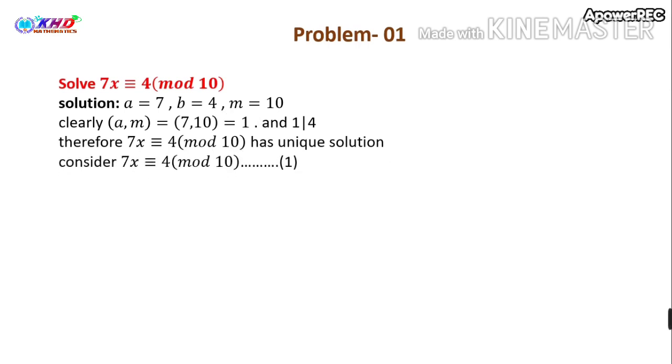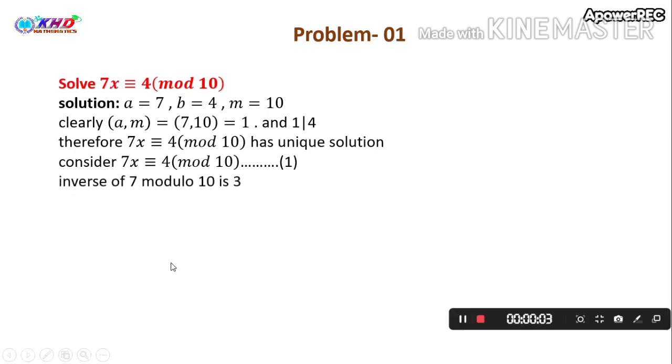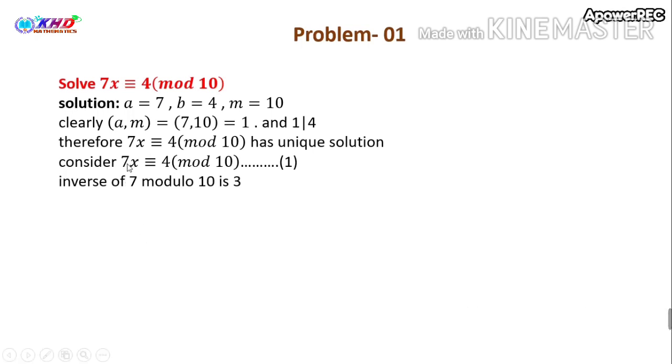Consider our problem 7x congruent to 4 mod 10. I denote this as equation 1. For the inverse of 7, that is the first term a value, I consider the inverse of 7 with respect to modulo 10.